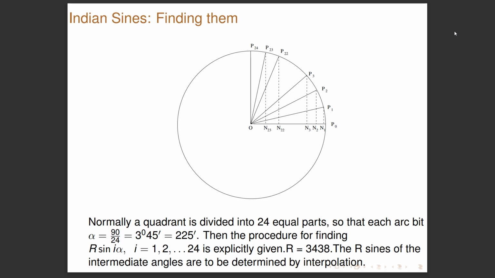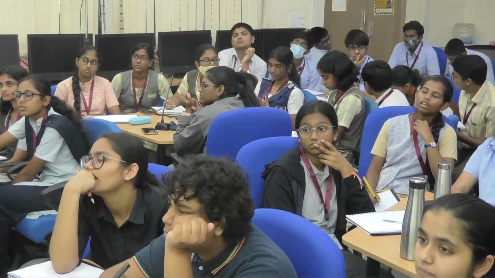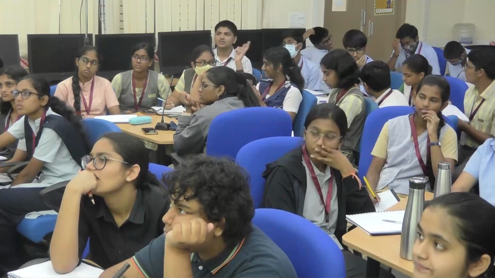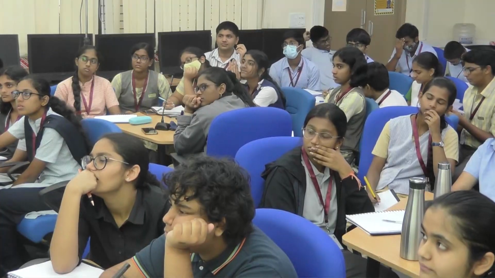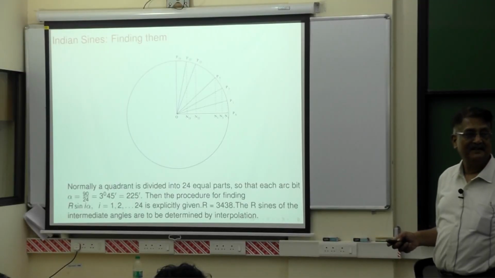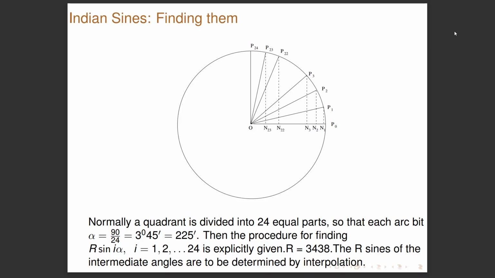Suppose you take 21 also, I have not written it, that is R sin of 21 alpha. Now the first order differences are the 23 minus 22 and the 22 minus 21. The difference of these is the second order difference. These differences will keep on decreasing. One can see that.